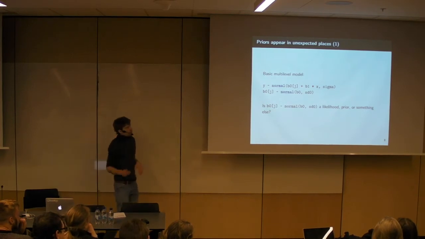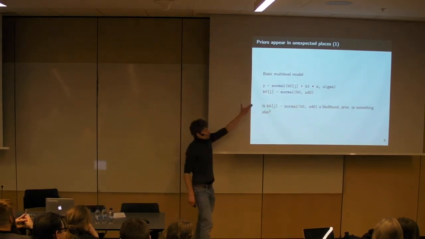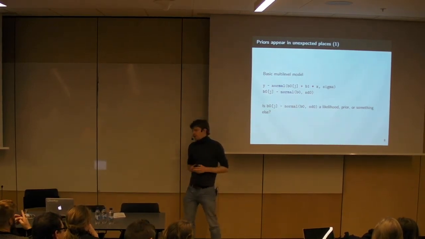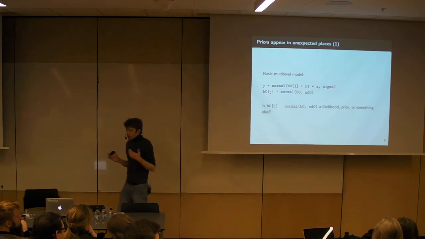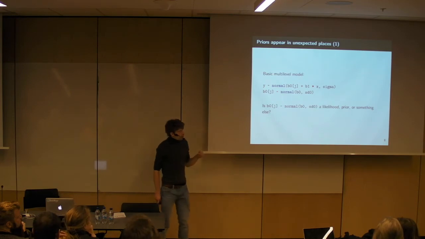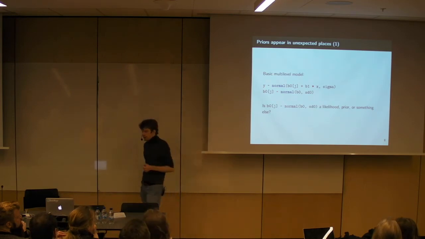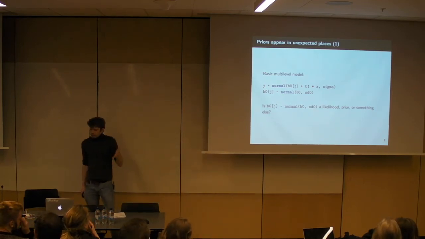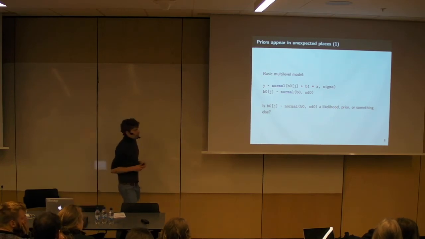And then we have some effect of a predictor x, and the effect is quantified by our parameter b1. So think of y as the outcome of a session of a therapy, and x as the motivation of the patient.